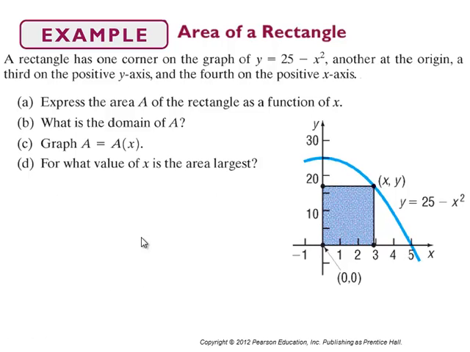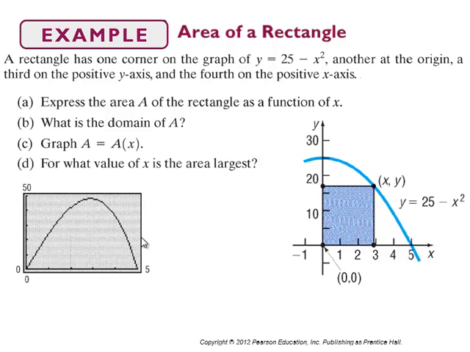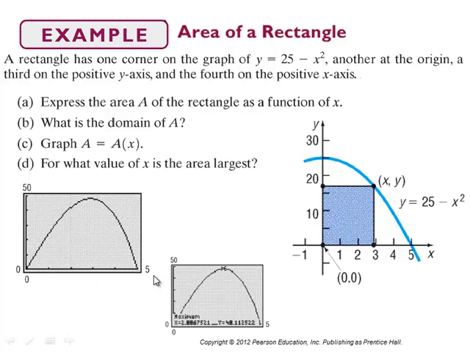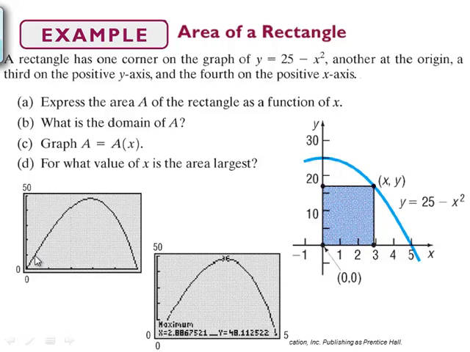Okay, moving on here. Now we're going to graph this area function. If we were to plug that function, 25x minus x cubed, into our graphing calculator, with x minimum 0, and y going from 0 to 50, this is the graph that we would see here.